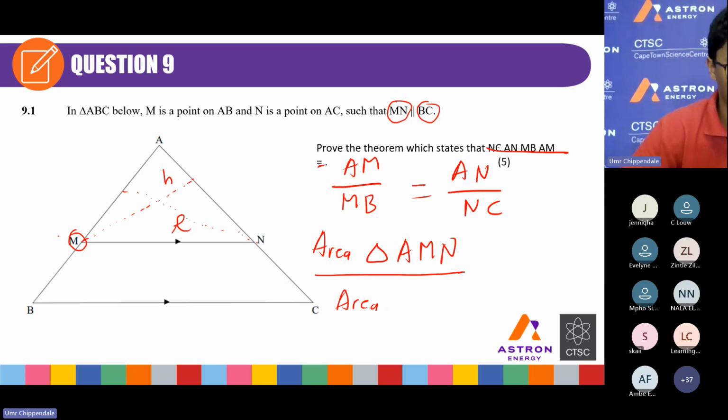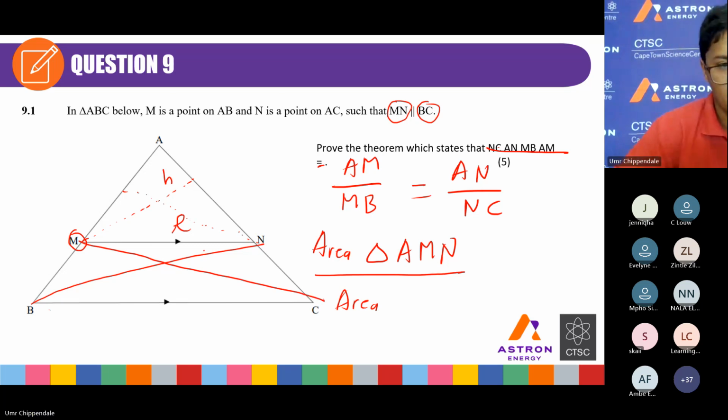Remember, we're going to put perpendicular lines, so boom, and the side as well, boom. That's supposed to meet up over there. Okay, so we have it like this: area AMN divided by area MBC.